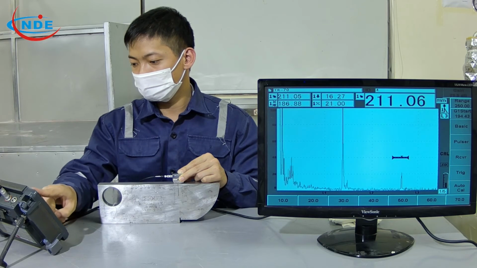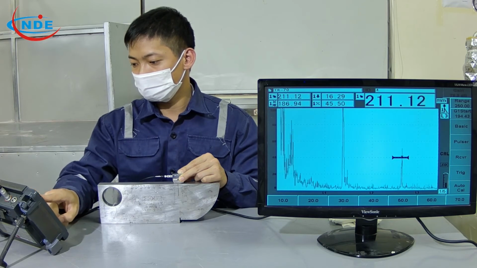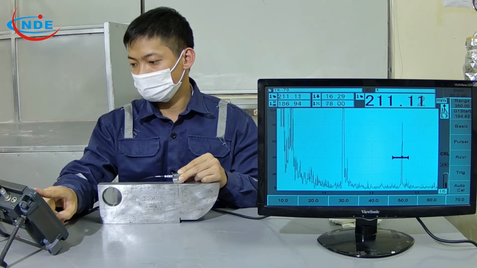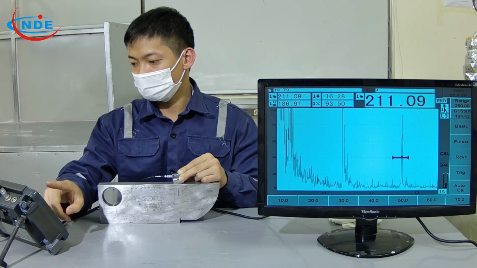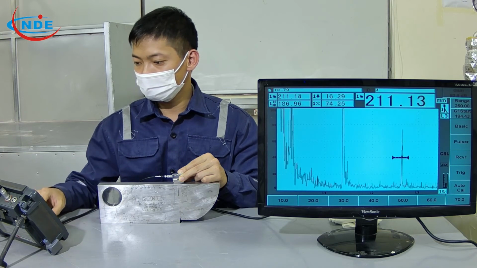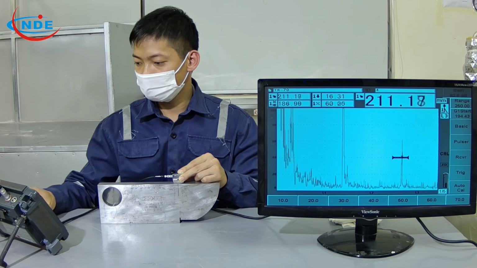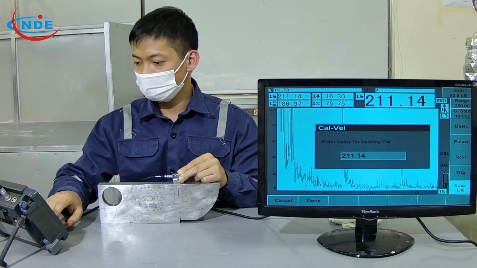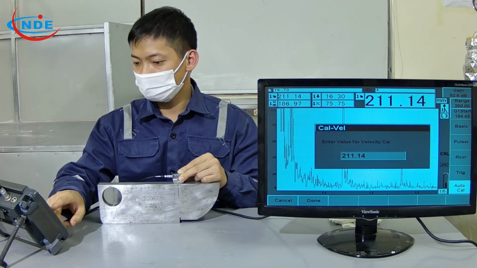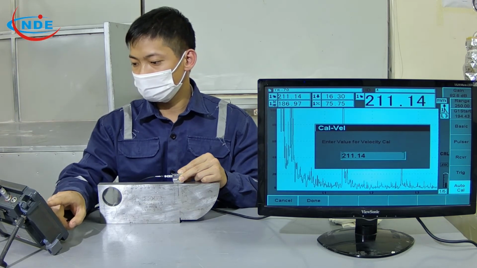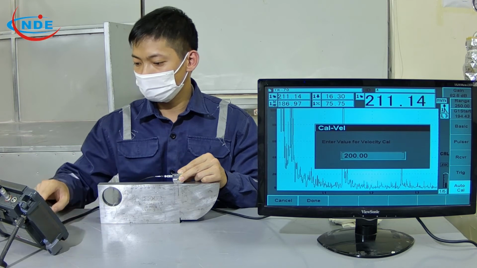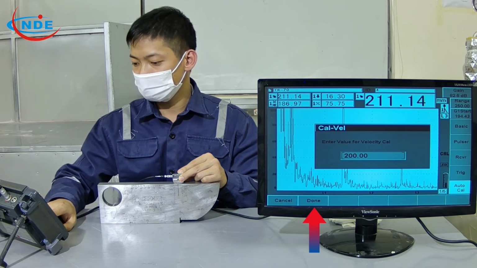Do it the same way with the second indication or second echo. Insert the real value for the sound path distance of the second indication or second echo. The real value is 200 mm.